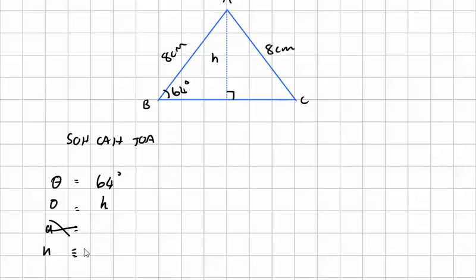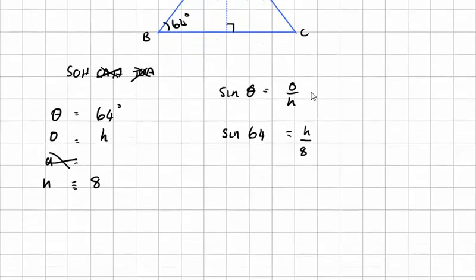Hypotenuse? 8. So with SOHCAHTOA, we need to get rid of anything with an A in it. So I'm left with sine theta equals opposite over hypotenuse. So that would be sine 64 equals H over 8. H equals 7.2 centimetres.